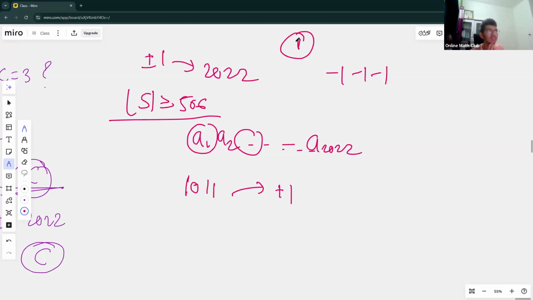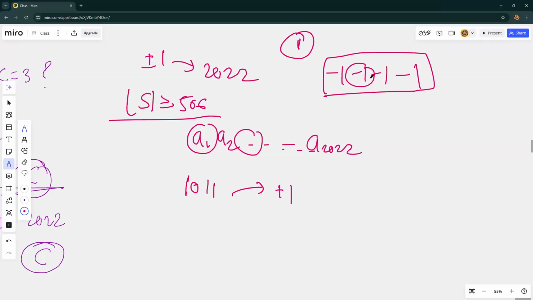Suppose some of the numbers are coming 1, and in this block you have all the minus ones. Then we take two ones and two minus ones, alternating like that. We don't have ones in every block of four, right? We can have a whole block of minus ones.